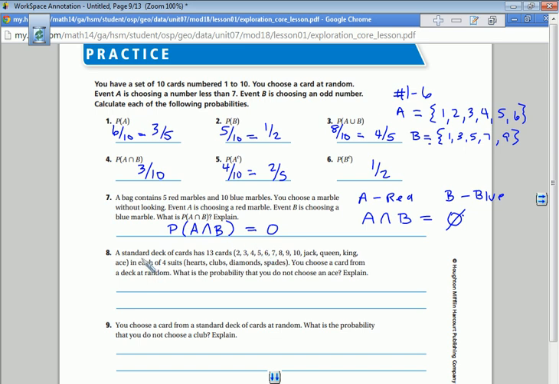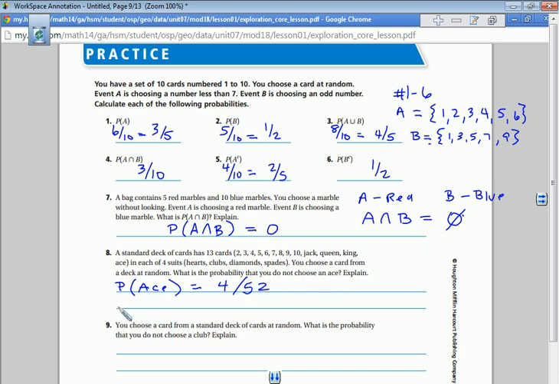Okay, number 8. A standard deck of cards has 52 cards. You choose a card from the deck at random. What is the probability that you do not choose an ace? How many aces are in there? 4. So the probability that we choose an ace is 4 out of 52.